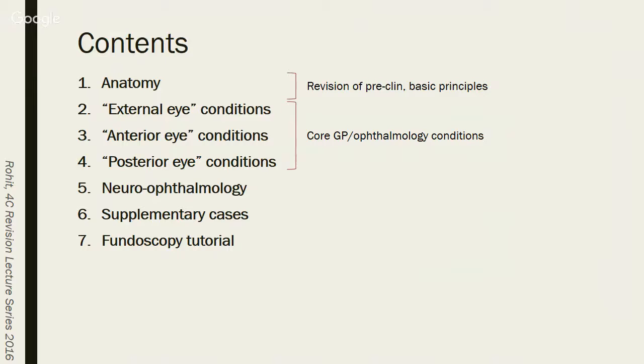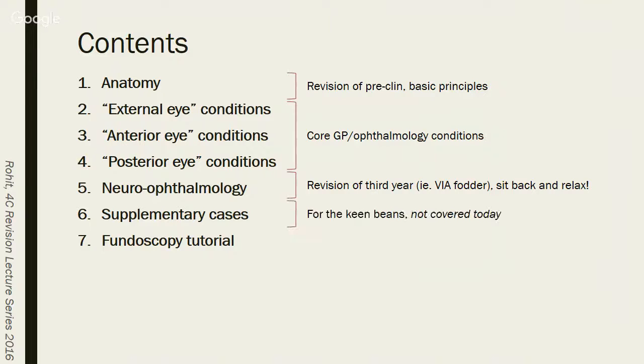Anterior eye conditions present with redness and pain of the eyes. The posterior eye conditions present with loss of vision, whether bilateral in chronic circumstances or acute unilateral. And then neuro-ophthalmology is more loss of vision, double vision type of thing.